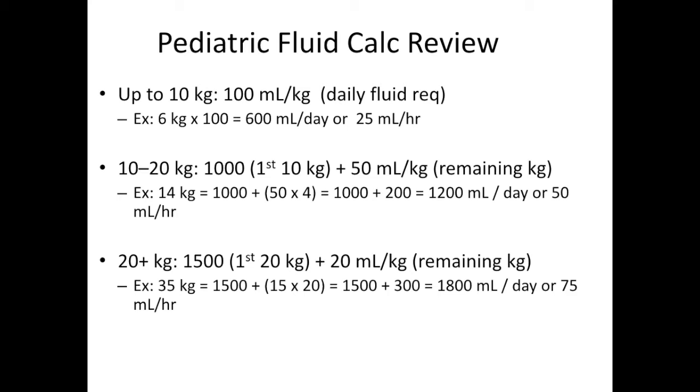The next 10 kilos of a child's weight, we give an additional 50 mLs per kilo, and then anything above 20 kilos gets an additional 20 mLs per kilo. And so you can see on these calculations how we come up to the child needs a total of 1,800 mLs per day, and that should be 75 mLs per hour.